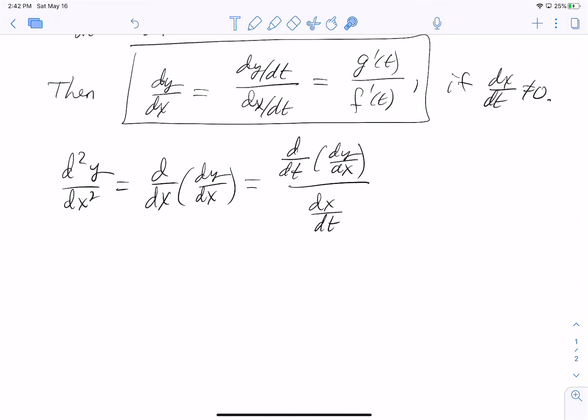Now I know this looks a little bit weird, but what we've really done is we've taken the expression dy dt that we just came up with, and simply replaced y by dy dx. Using the Leibniz notation together with Newton's notation, we have d dt of g prime of t divided by f prime of t, all divided by dx dt.